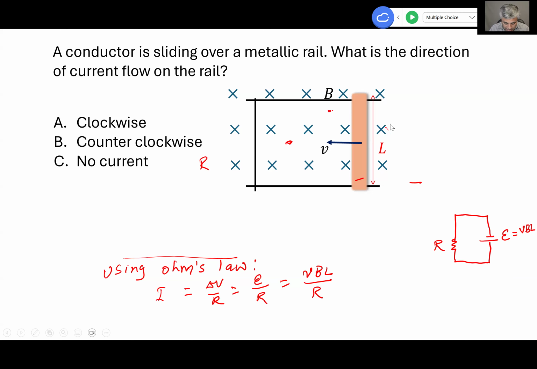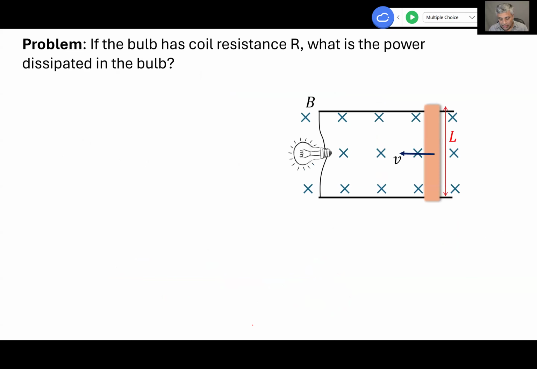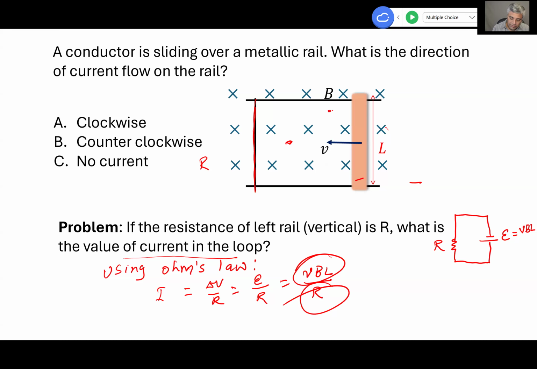So that is the current: the induced EMF divided by the resistance of the circuit. Now I'm putting a light bulb here. Same circuit. Here this was connected and I said there was resistance.